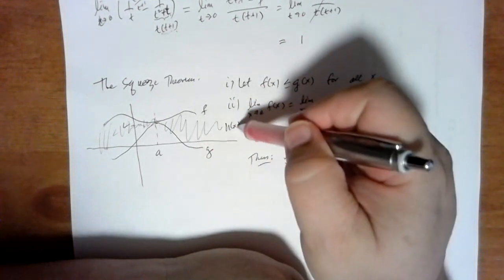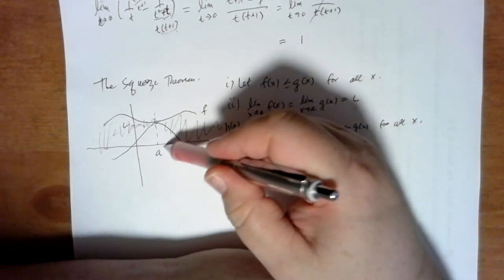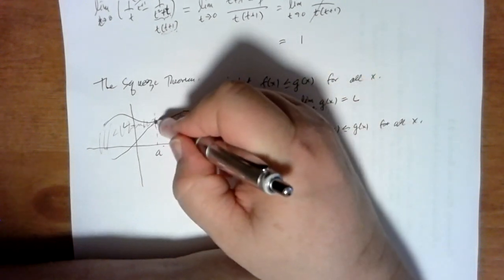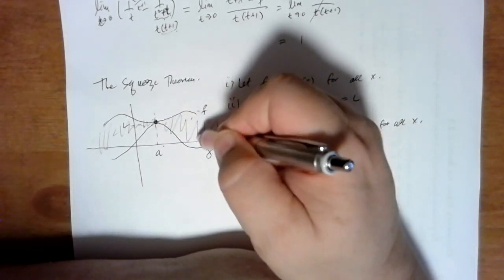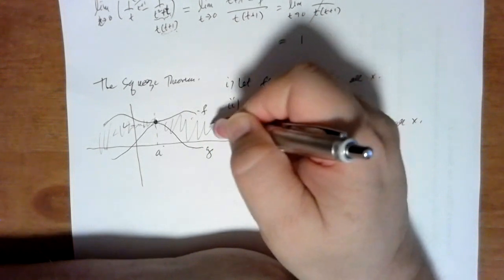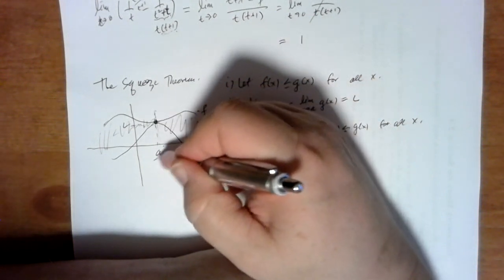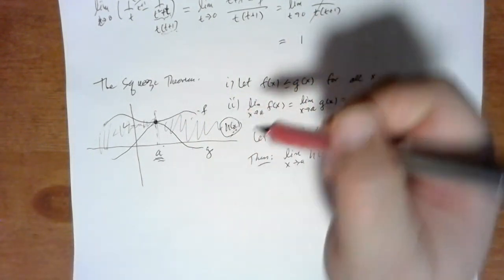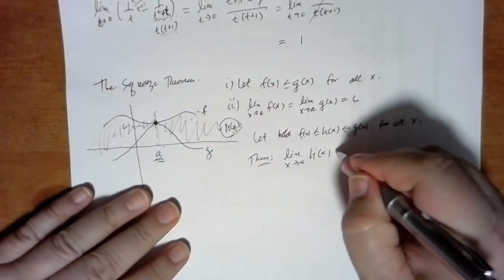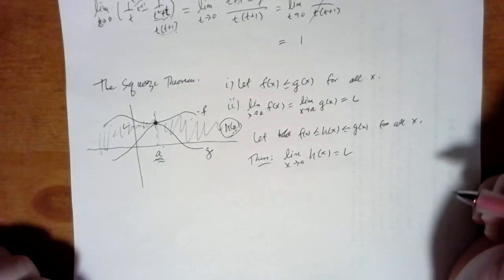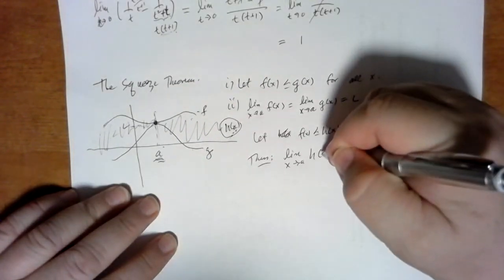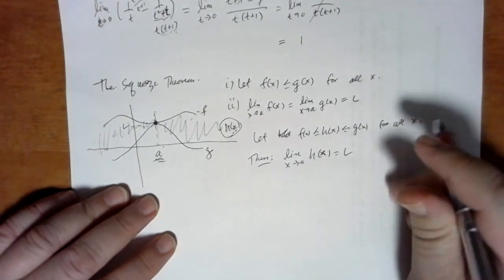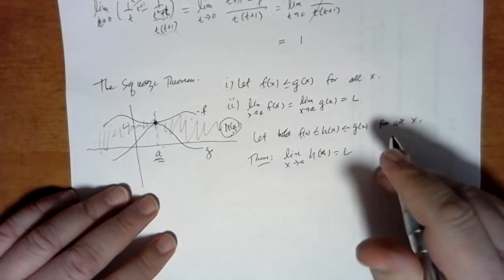And if I take the limit as x approaches a of h of x, what do I know has to happen? Well, f and g are squeezing h together. And so at the point x equals a, f equals g, and so that forces h to also be the same thing. And so the limit for h is also equal to L. Good. So that's known as the squeeze theorem.